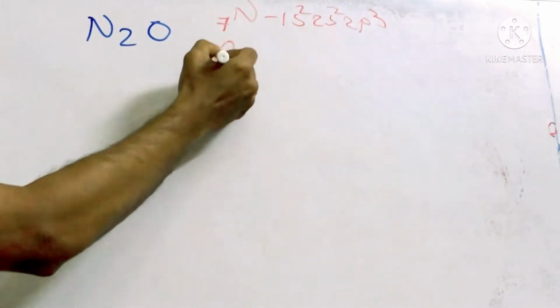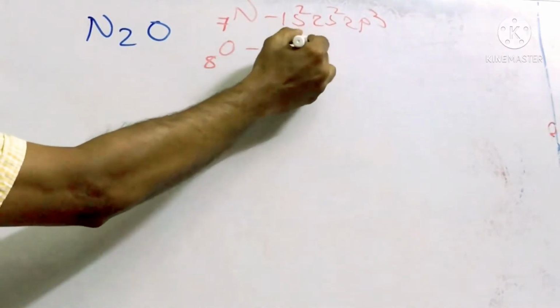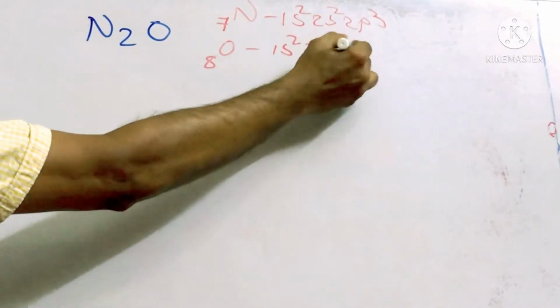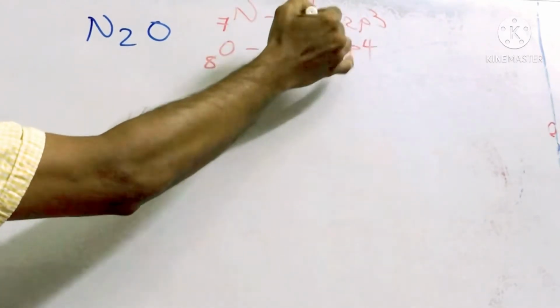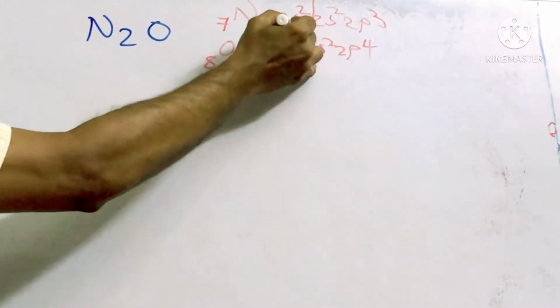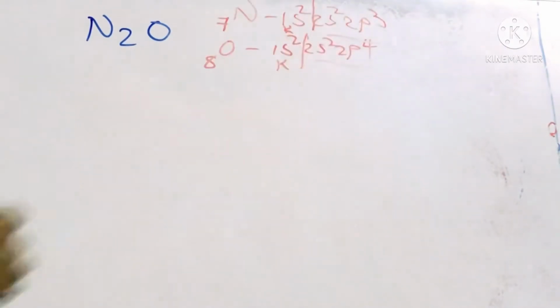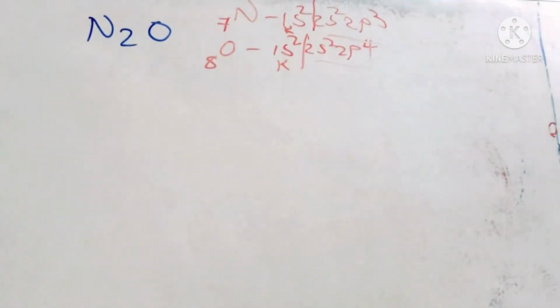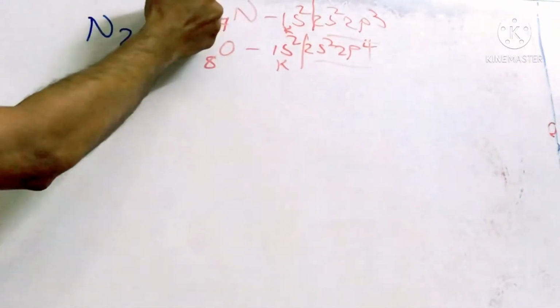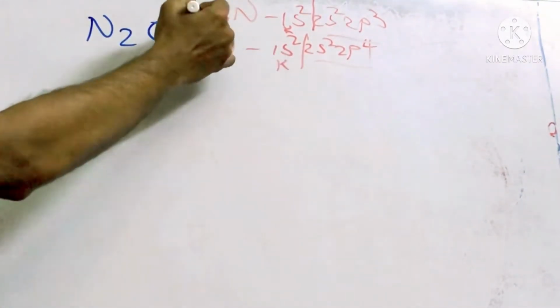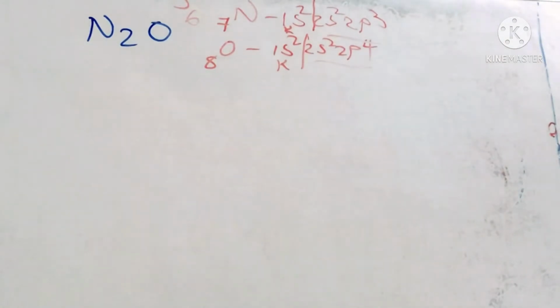Oxygen, atomic number 8, so 1s2, 2s2, 2p4. You take this K shell out. The next one is called L shell, that is the valence shell. So in this valence shell, nitrogen is having 5 electrons, oxygen is having 6 electrons. Those are the valence electrons.